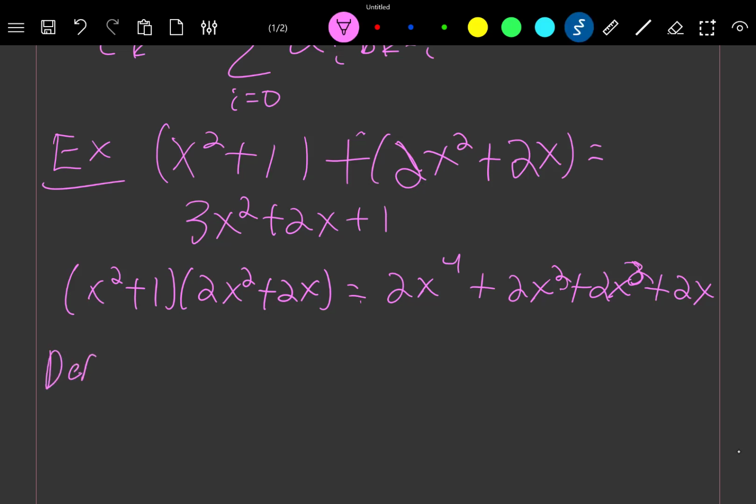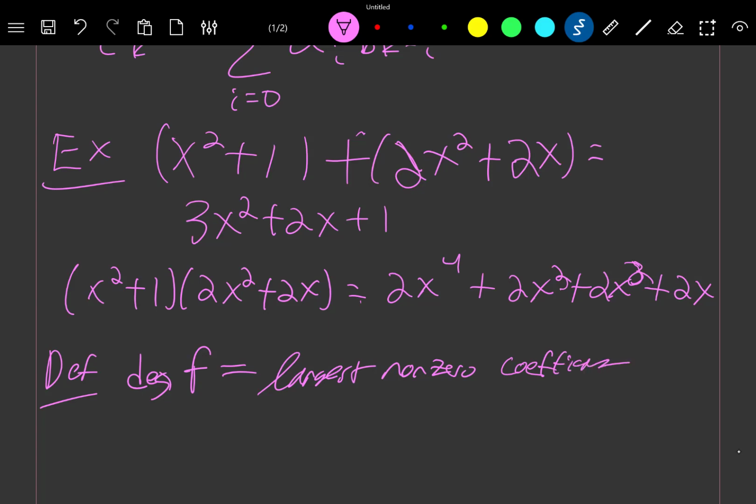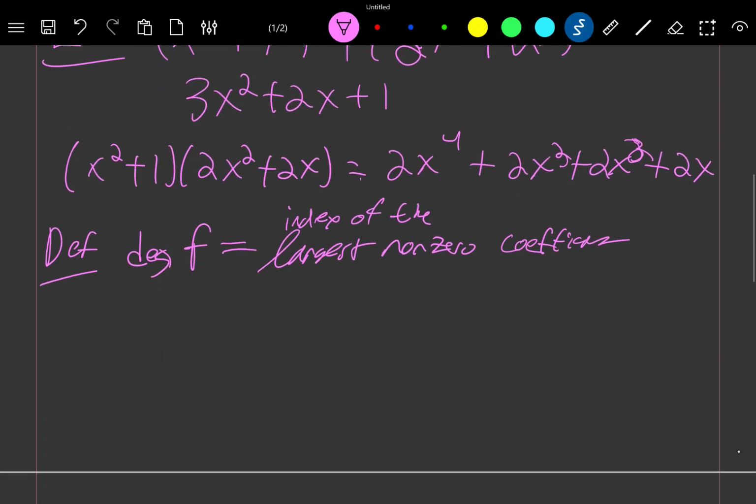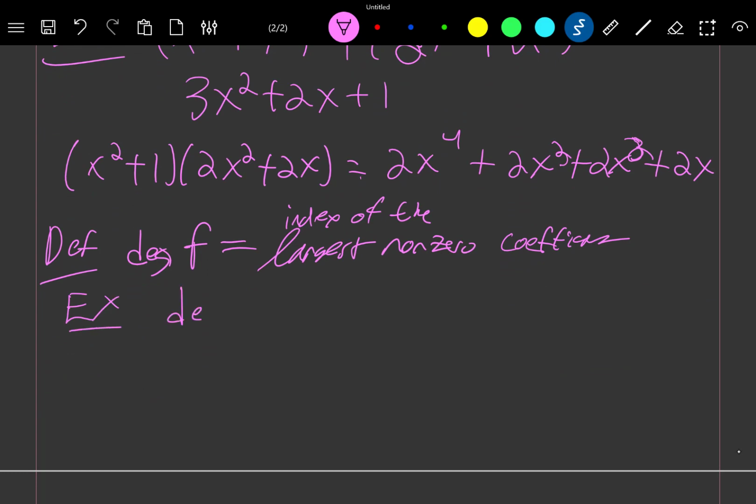And the degree of a polynomial is the largest index of a non-zero coefficient. So, for example, the degree of x squared plus 1 is 2, because x squared is the leading term.